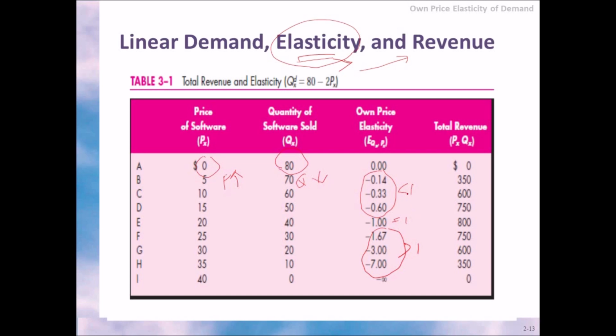As you have learned as well, if it is less than 1, it is inelastic. If it is more than 1, it is elastic. If it is equal to 1, then it is unitary elastic. So what happened to the total revenue? You can see here, as you increase the price, your revenue is higher, 350, 600, 750.